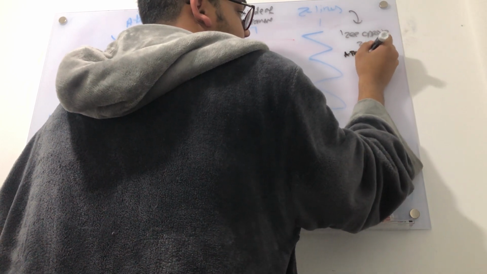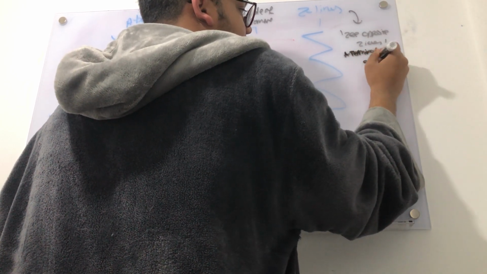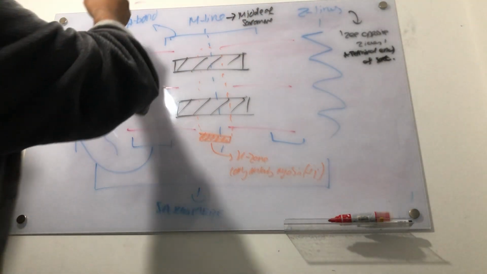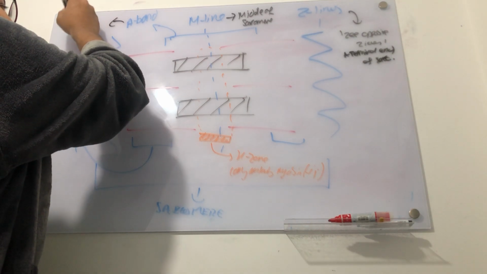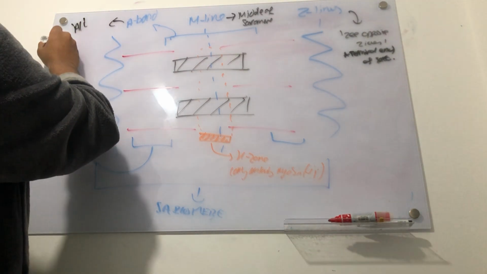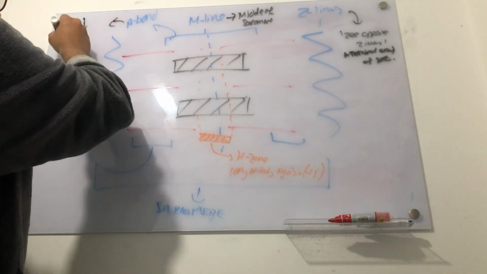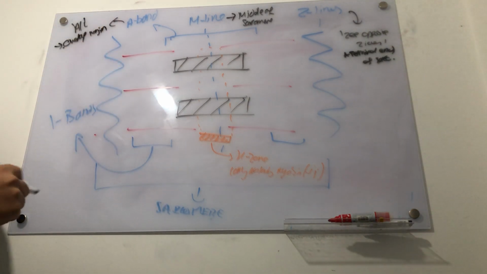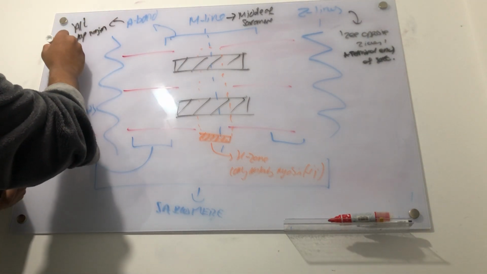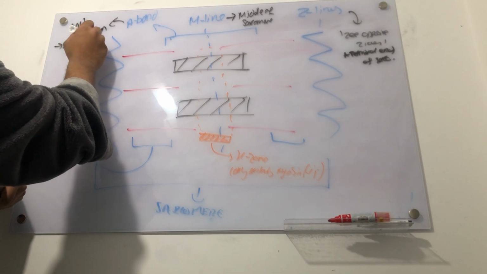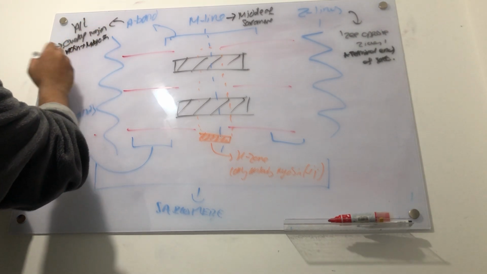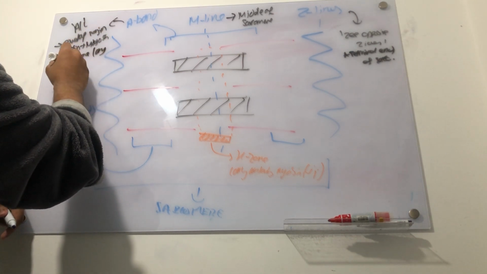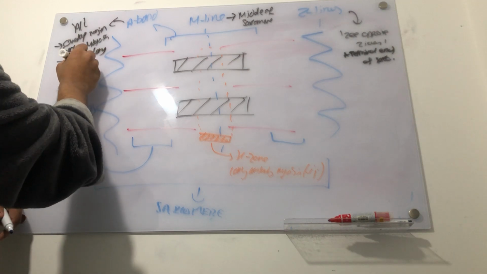Terminal ends of sarcomere. There we go. A band, A for all, in the sense that it contains the overlap region between the actin and myosin, and also the H zone, which is only the thick filament, myosin.